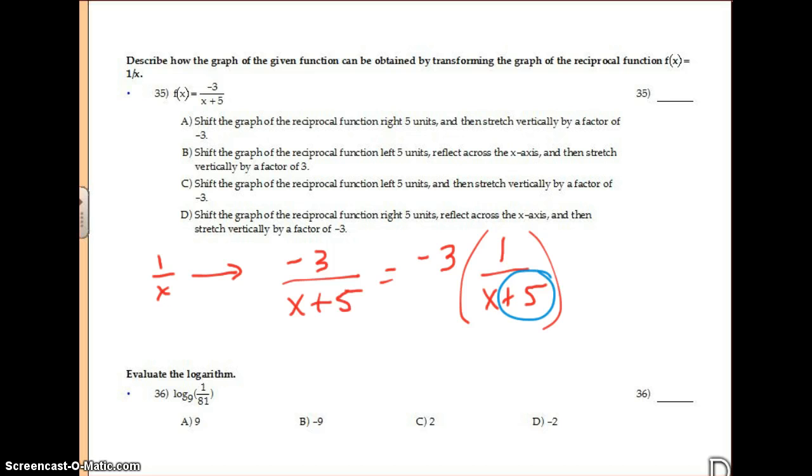Anytime we have a change in x, it's some kind of horizontal change. And for this one, adding 5 means to shift left 5 units.